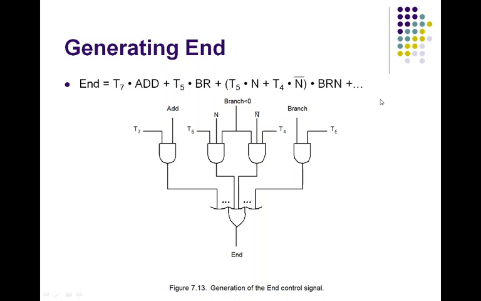The end signal starts a new instruction fetch cycle by resetting the control step counter to its starting value, as shown in figure 7.11, which contains another control signal called RUN.